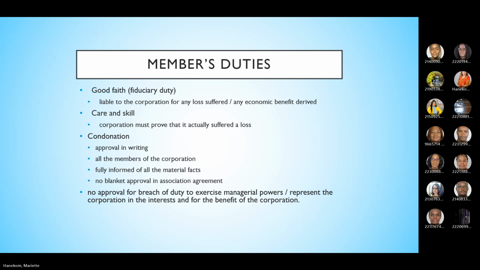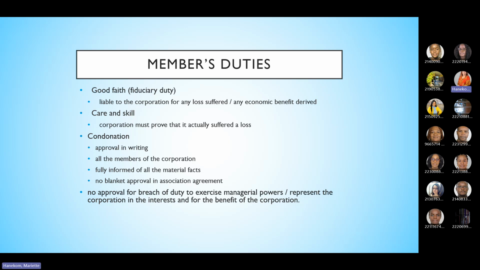Where matters are slightly different, where the closed corporation is slightly different from the Companies Act, is that the closed corporation provides that members can condone, forgive, decide not to claim.